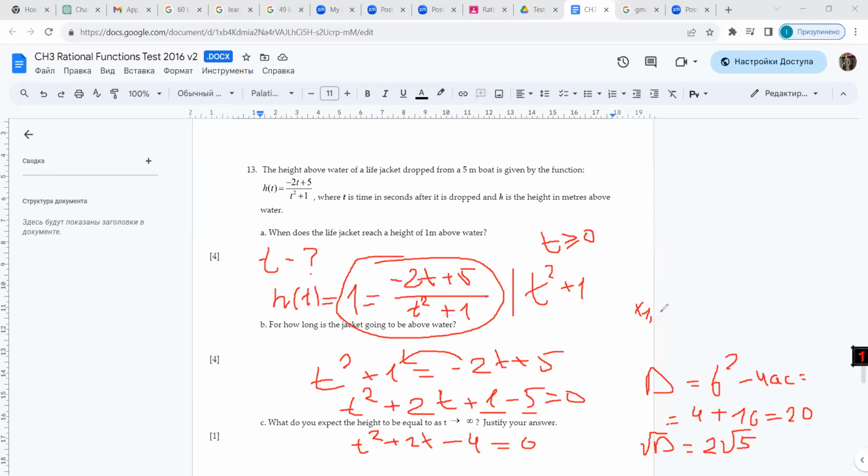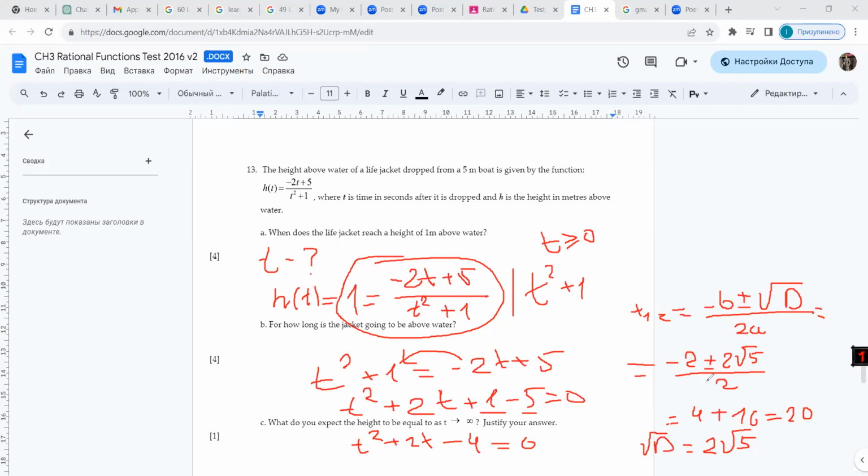Then not x1 but t1 and t2. So t1 and t2 equals minus b plus or minus the square root of the discriminant divided by 2a, which gives me negative 2 plus or minus 2 square root of 5 divided by 2.